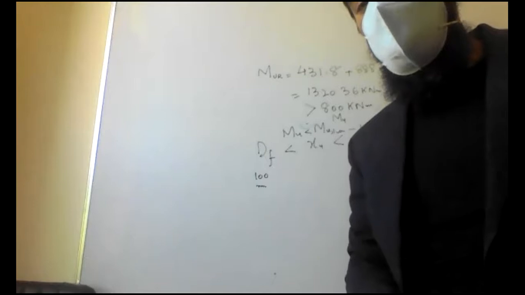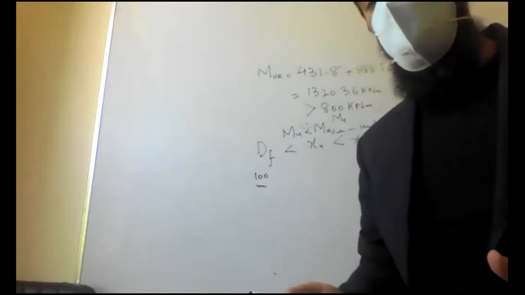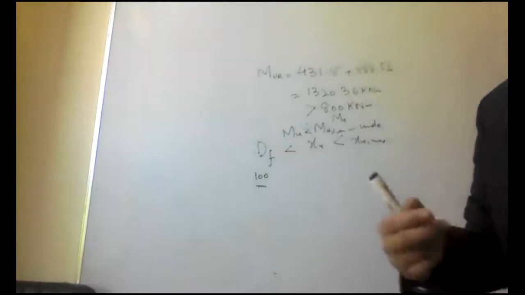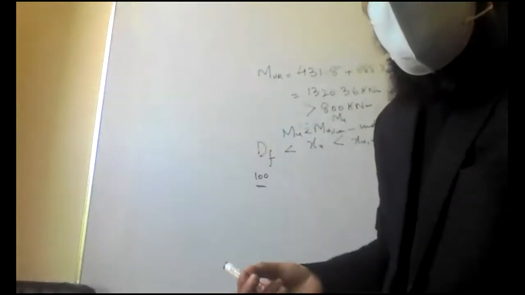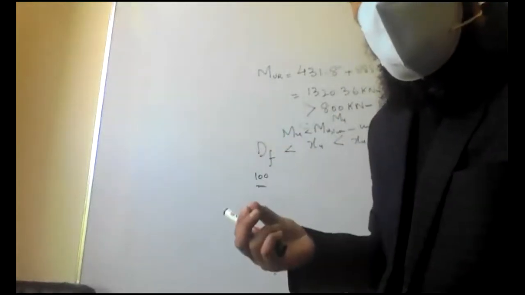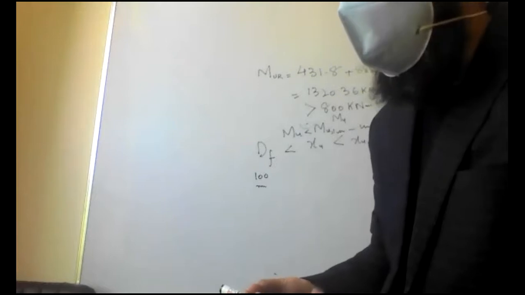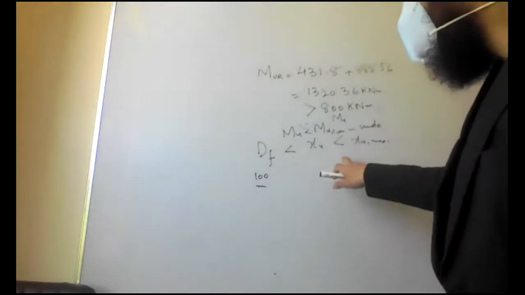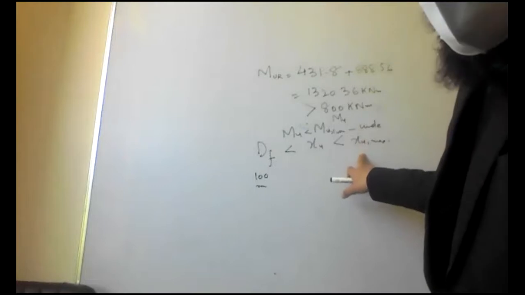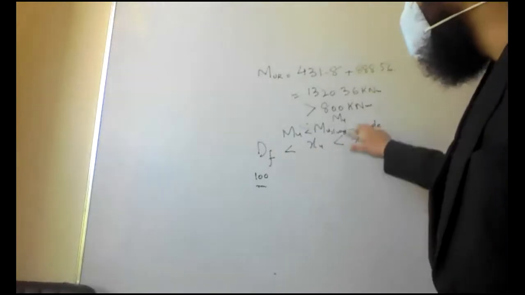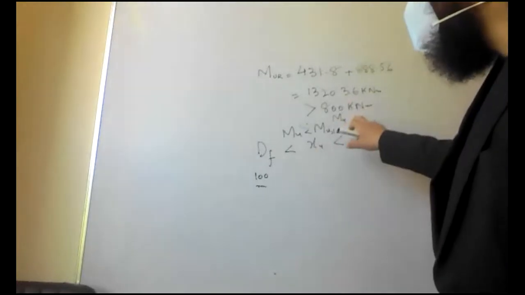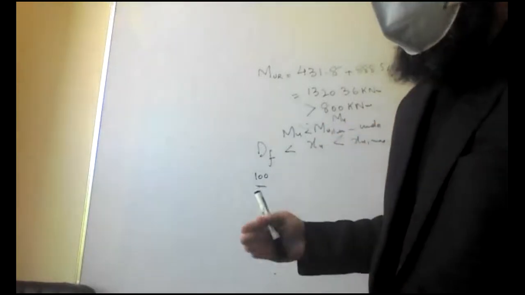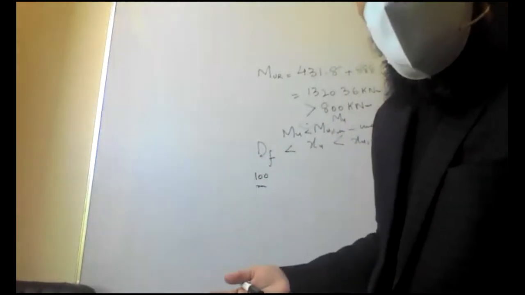So we have already calculated the value of AST for this section by an approximate method. Now you could yourself revise this. If it is now proven that your 1320 is greater than 800, you can assume that it is even lesser than this.